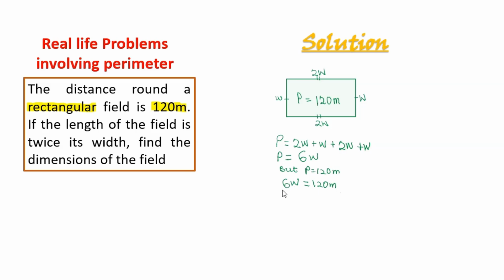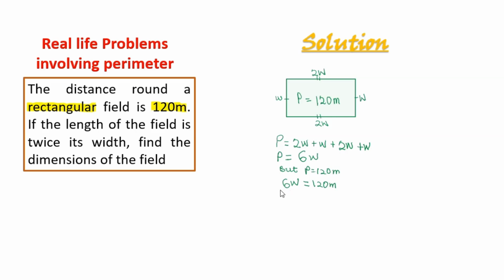To find W, or even to do algebraic thinking, you can say 6 times a certain number is 120. So what is the number? You think very well, you will get the answer to say, okay, 6 times 20 is 120. And so it means that 20 is the answer. So W is equal to 20. But let's work this out systematically.